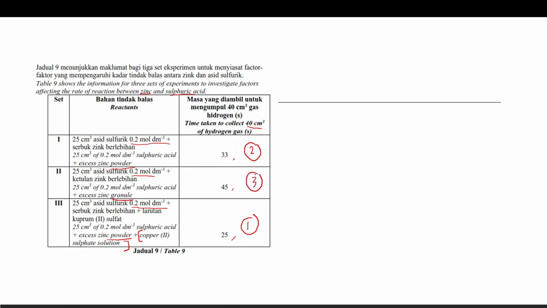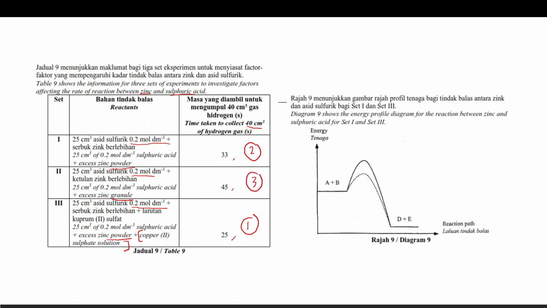Okay. So the diagram shows the energy profile diagrams for the reaction between the zinc and the sulfuric acid for set 1 and set 3. Okay, so we can see there are energy profile diagrams for these 2 sets of experiments. Set 3 has extra copper(II) sulfate solution.